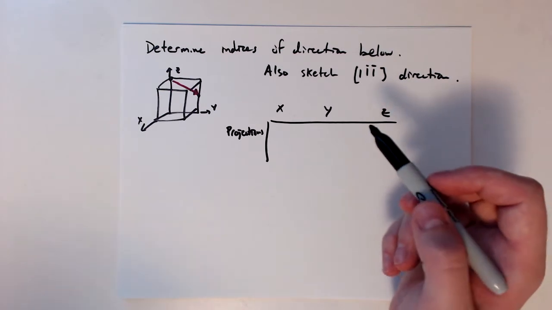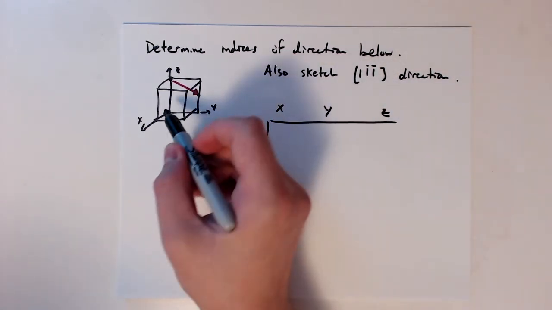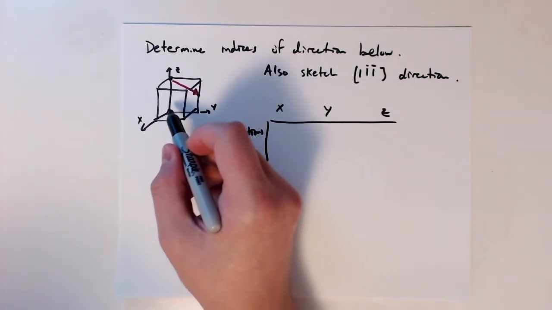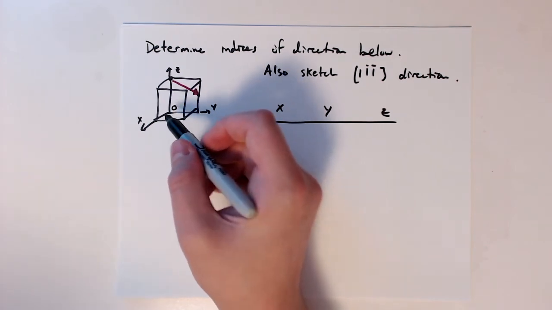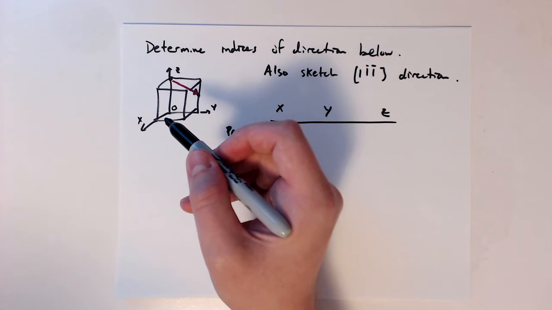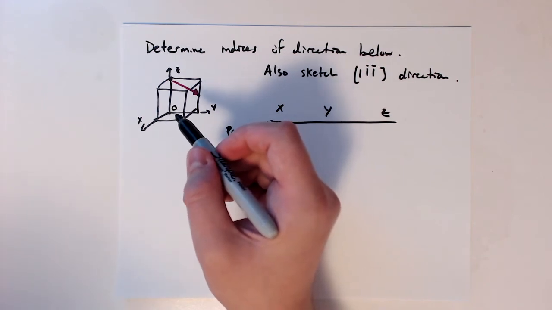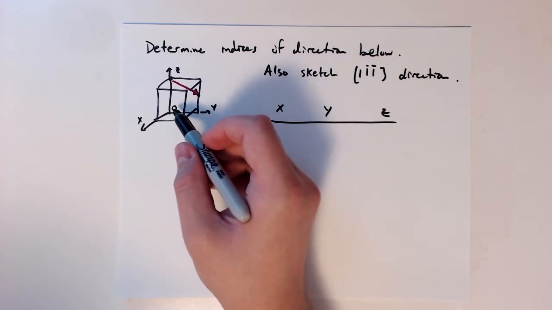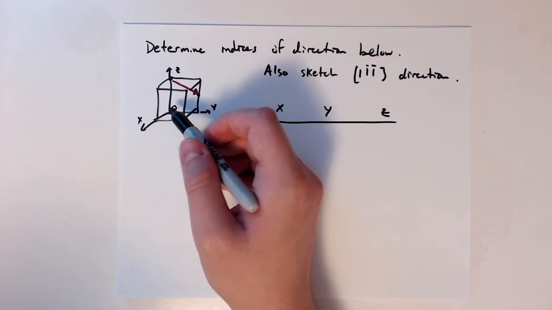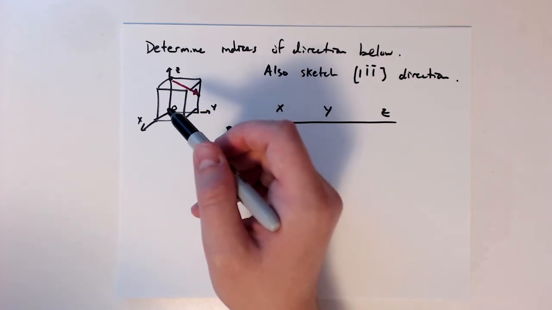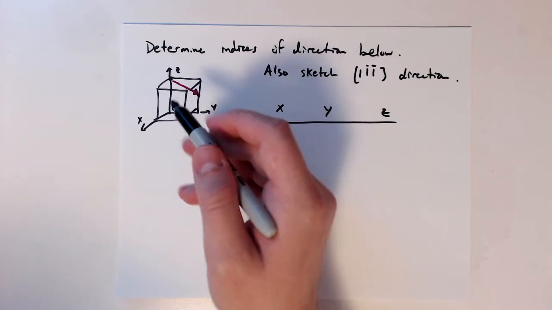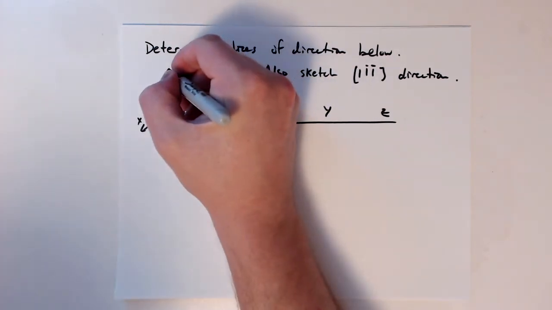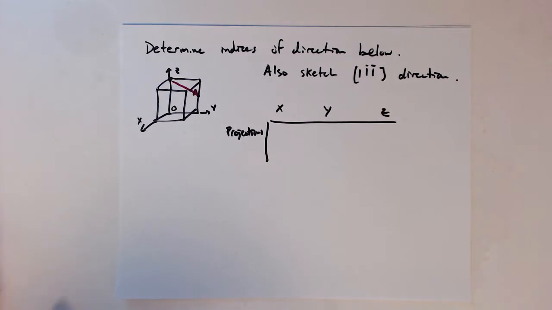So in all the cases, when I'm looking at this unit cell, this is ideally my origin. That's where I started. But I also mentioned that the choice of origin is arbitrary, right? And to determine the indices of directions, we always start at the origin. So it makes more sense if I move my origin, and let me do that in a different color.